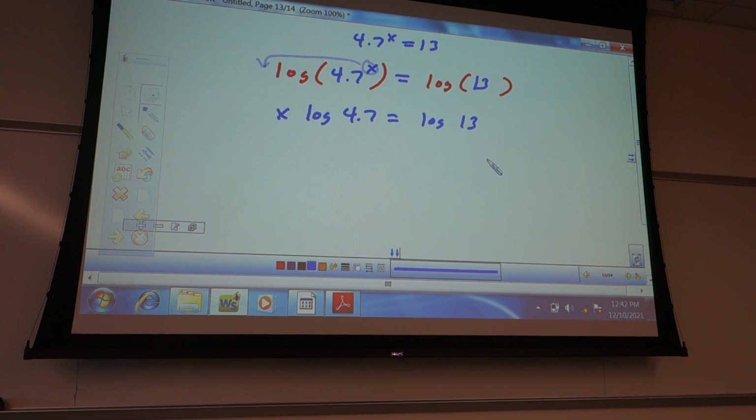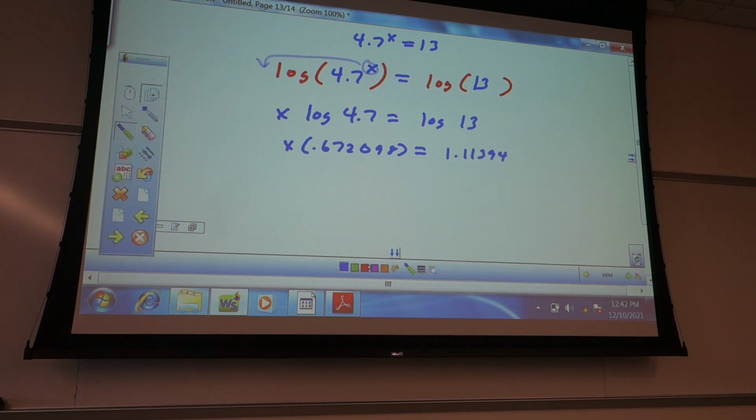Log of 4.7 is 0.672098, so x times 0.672098 equals log of 13, which is 1.11394. And I can just divide both sides by 0.672098.